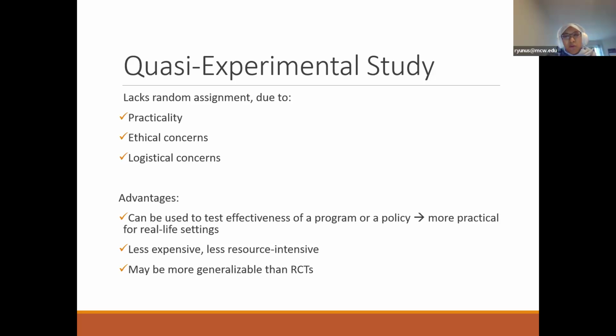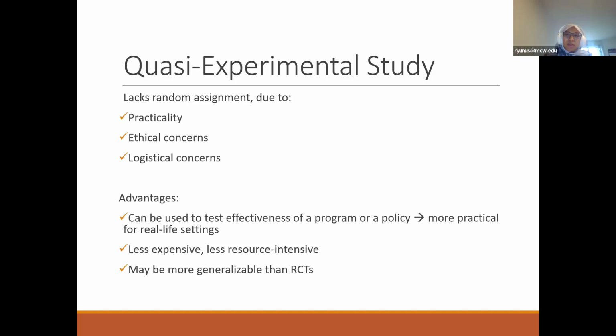That means you do not perform randomization in a quasi-experimental study. For example, in an RCT, you make sure that whether your participants get into the treatment group or the control group is purely by chance. You assign them in a random manner.